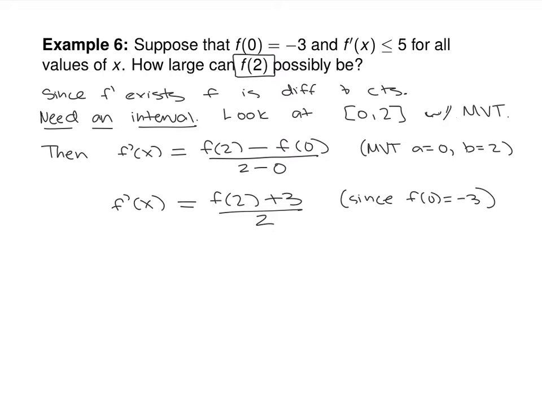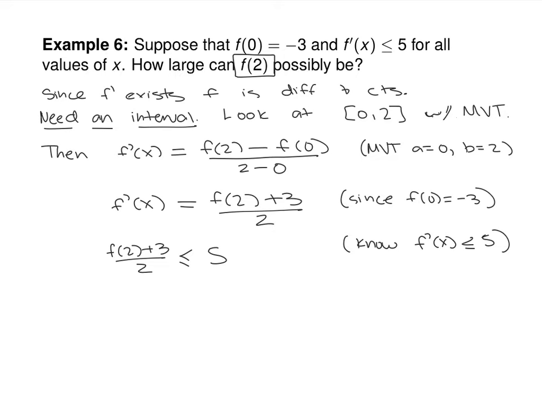Okay, and now here's where you're going to use that last part: you know f prime of x is less than or equal to 5, right? So doesn't that mean that f of 2 plus 3 over 2 is also less than or equal to 5? Because those two things are equal, right?